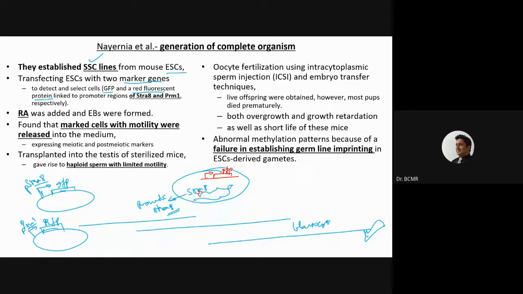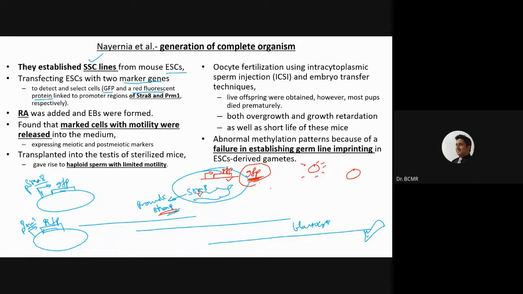What would we expect? We will also expect the expression of GFP. So all the cells in which STRA8 is expressed, you'll also find the expression of GFP. Or look at it the other way. If GFP is expressed, you can see that, say you have a culture medium, and on the slide you are able to see that some cells are giving fluorescence and some cells are not.